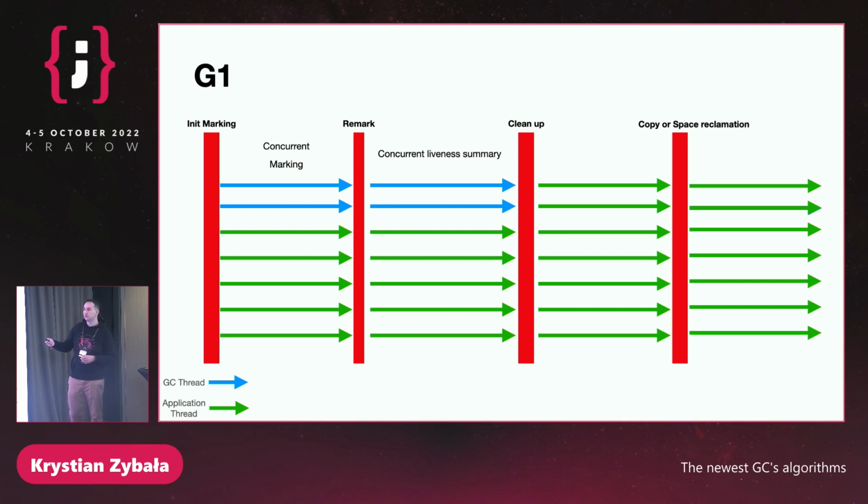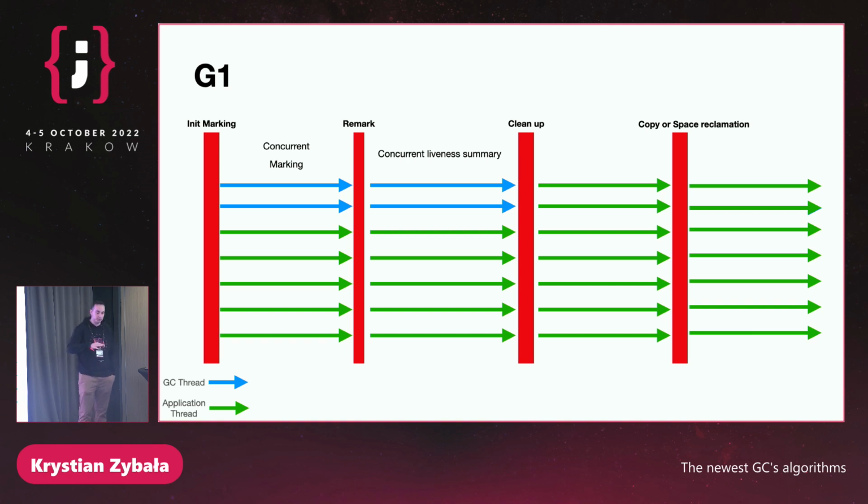It's important because sometimes initial marking and concurrent marking take too long. So sometimes G1 starts an additional GC cycle, and the rest of the phases are moved into the next cycle. In remark, it means that G1 makes the concurrent marking.